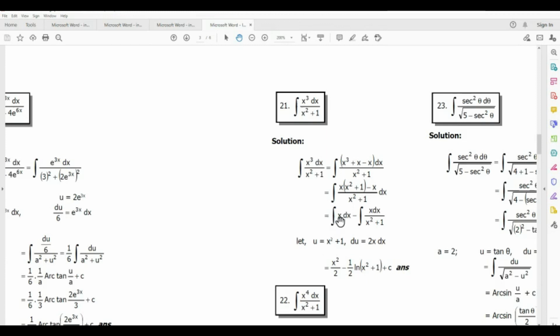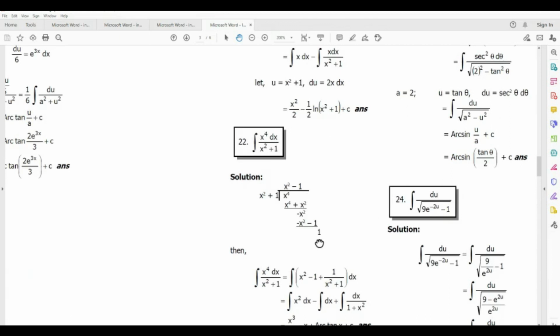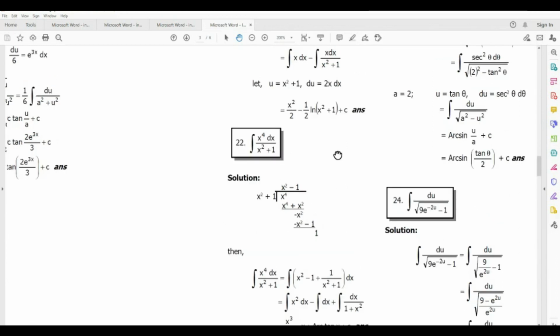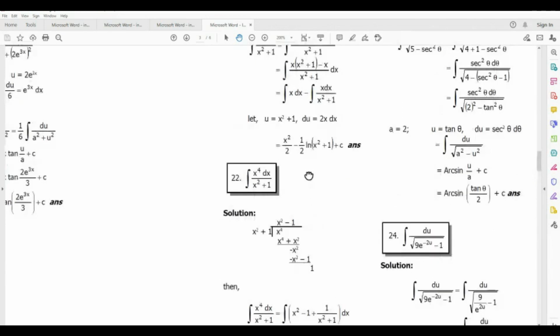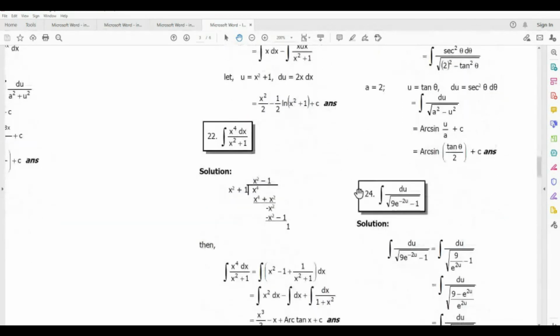Ito, integral ng x dx is x squared over 2. Ito, nag-long division dito, kasi nga, x to the 4th divided by x squared plus 1. Or you can use also yung method na ginawa dito kanina, nag-plus or minus. Okay? So, nag-plus or minus dyan.